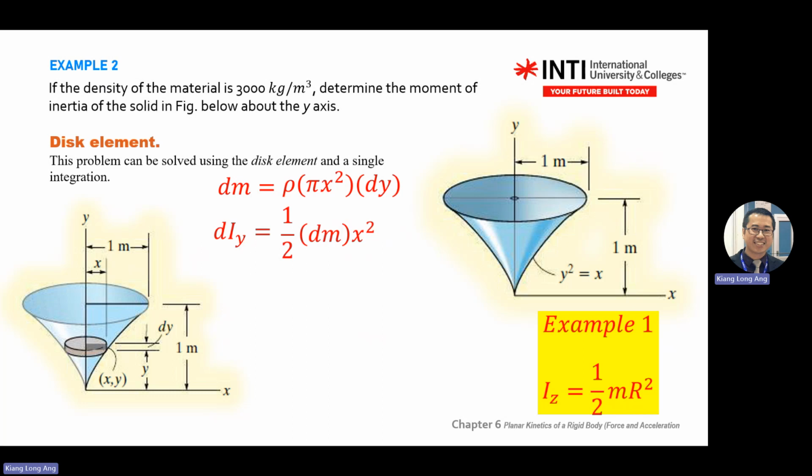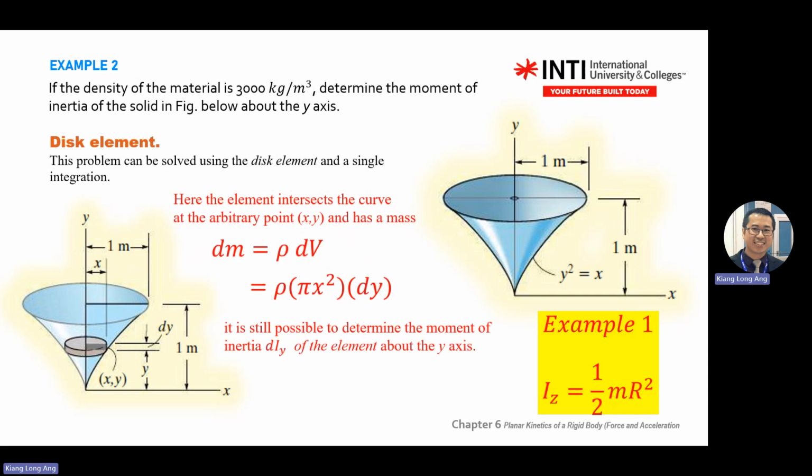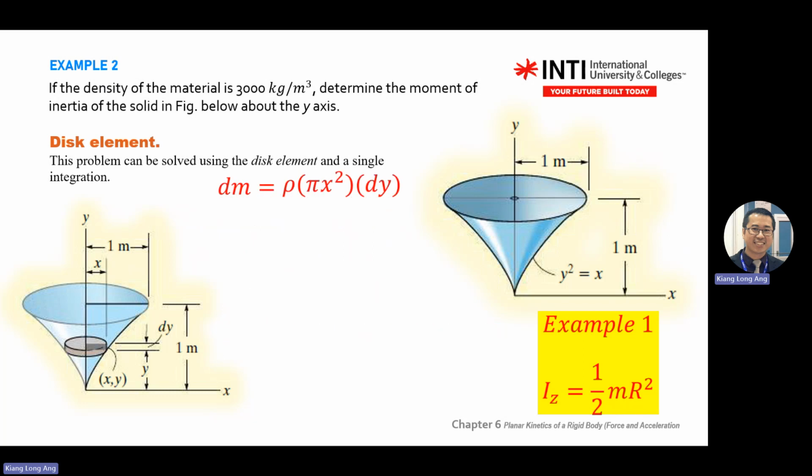So here you put everything in, all right? You will find that you can simplify. I equals the integral of r squared dm. You do the same thing. You know that dm equals this one, then you put it inside the I equation.